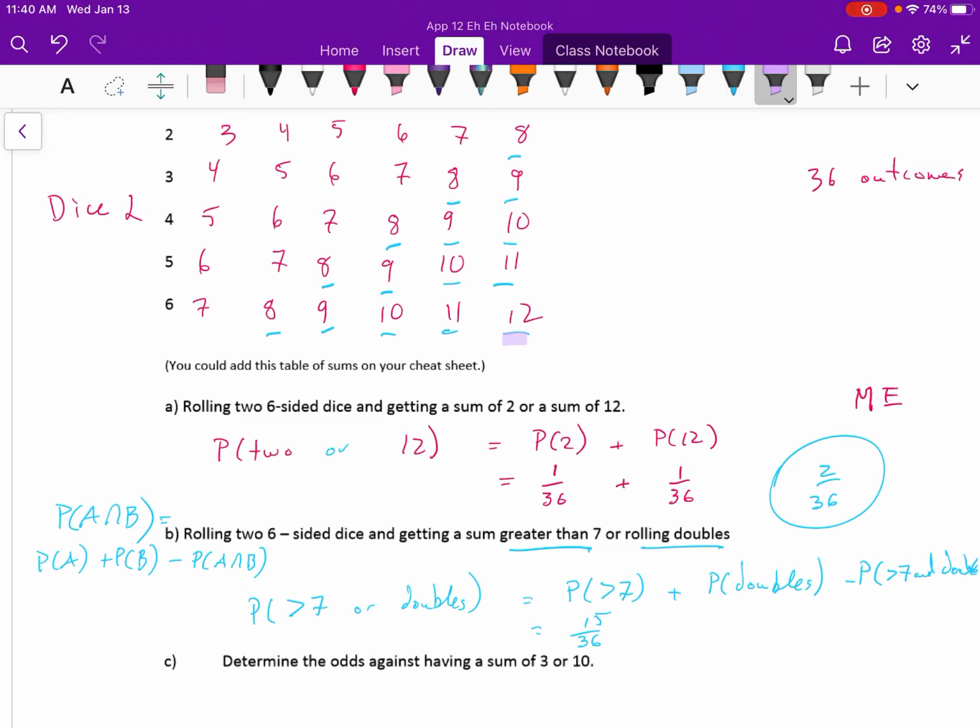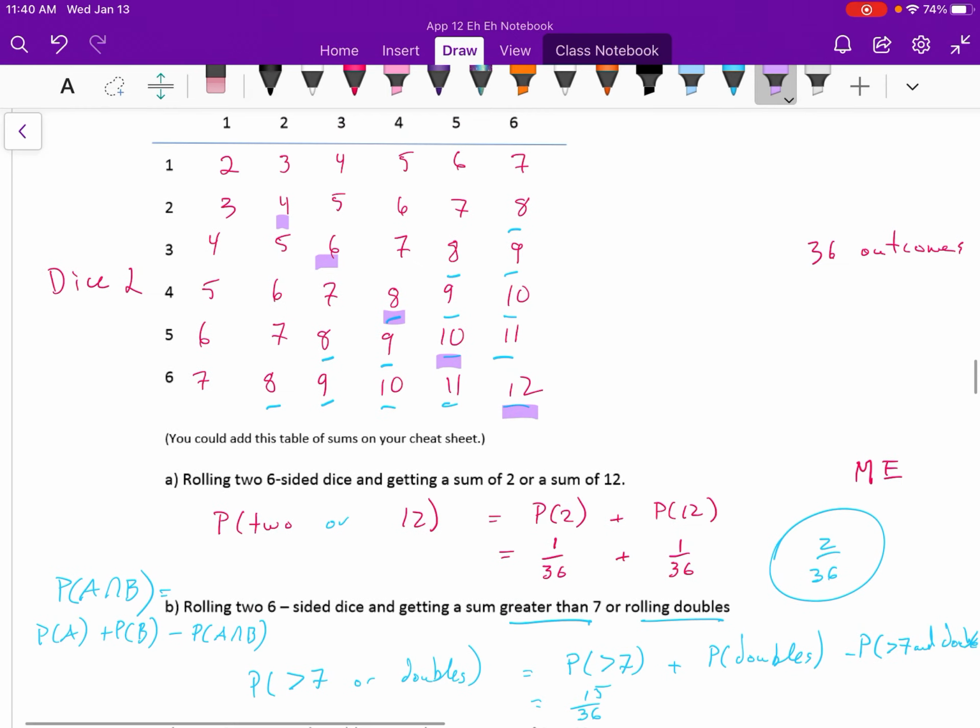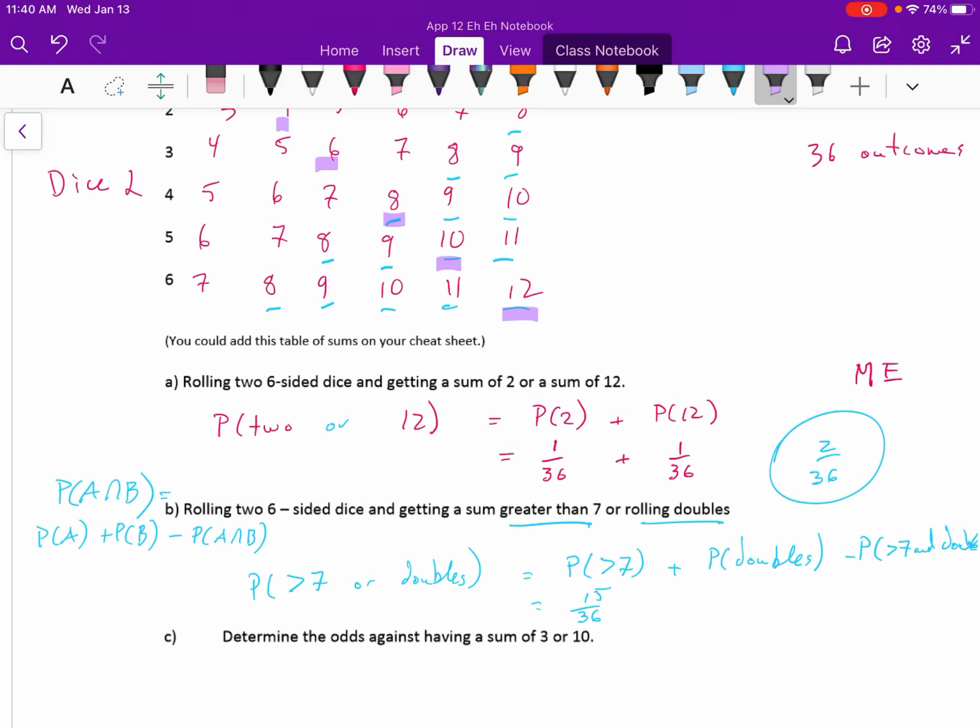So that would be 15 out of 36. The probability of rolling doubles: double 6s and double 5s, and we have to include double 4s, double 3s, double 2s, and double 1s. So that occurs 6 out of 36 times.